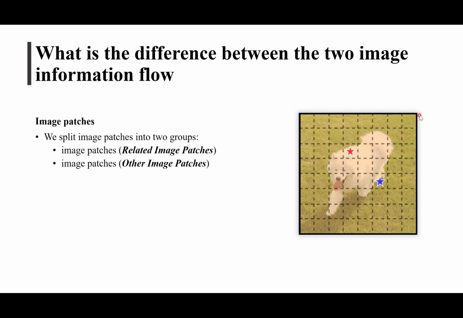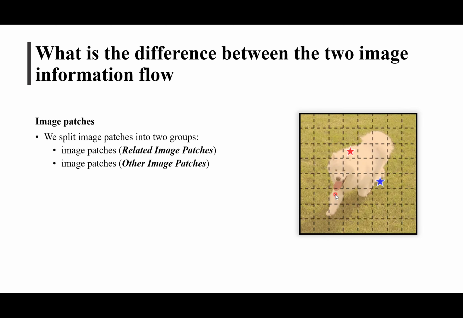So we separate the image patches into two groups. The first group contains all the object patches, because our question targets the object. So we call this group the related image patch. And the second group is the remaining patches, which we call other image patch.